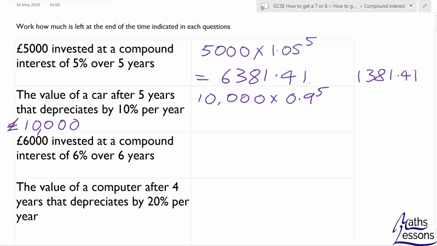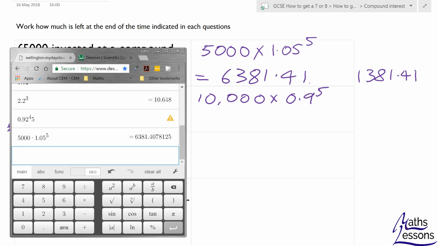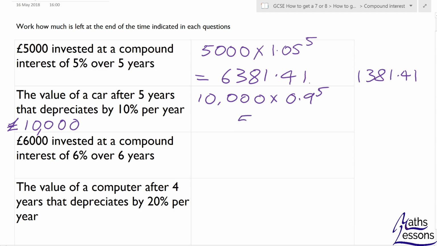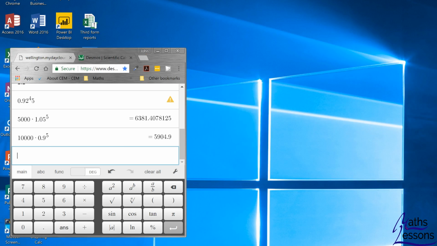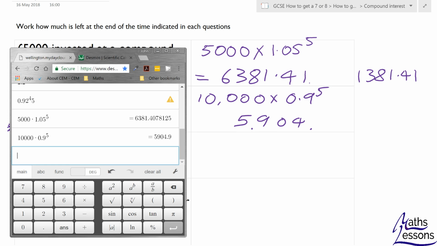Get our calculators, and we get 10,000 times 0.9 to the power of 5, which gives us 5,904.9.